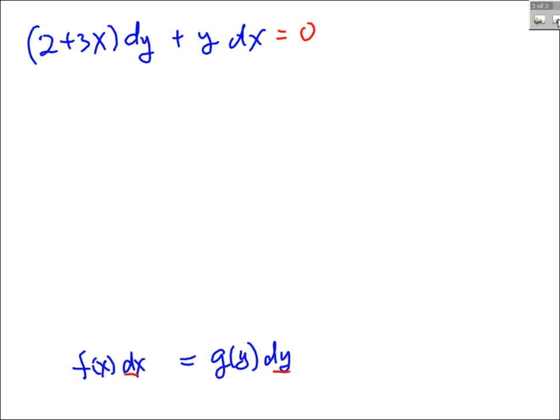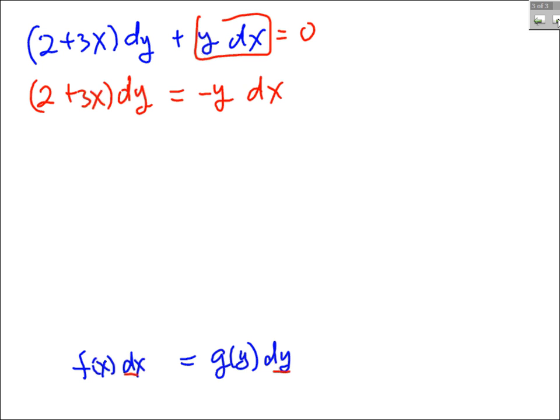So now I could move this term to the other side. So 2 plus 3x times dy is negative y times dx. Okay. Dx is on top, dy is on top. I want all the x's on the dx side.